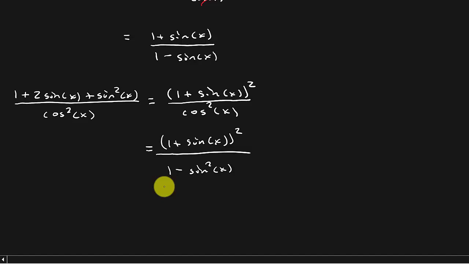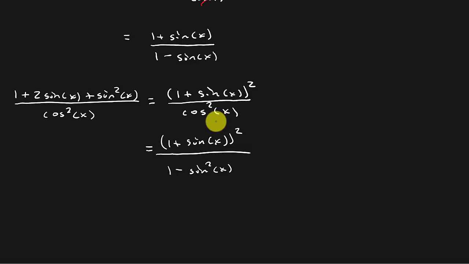Now that's another thing I want to emphasize. Especially when you're verifying identities, whenever you see cosine squared, the first thing that should pop into your head is 1 minus sine squared. Or if you see sine squared, the first thing that ought to pop into your head is 1 minus cosine squared.